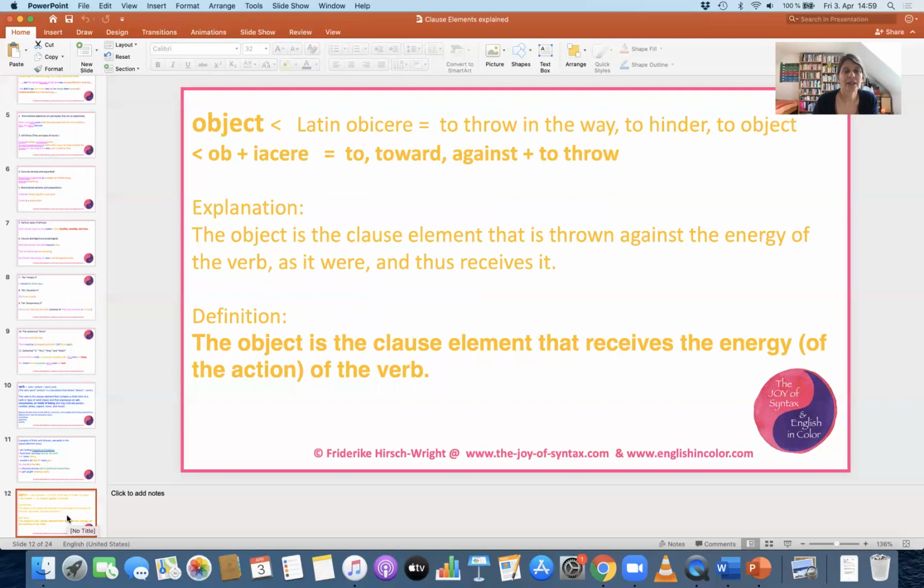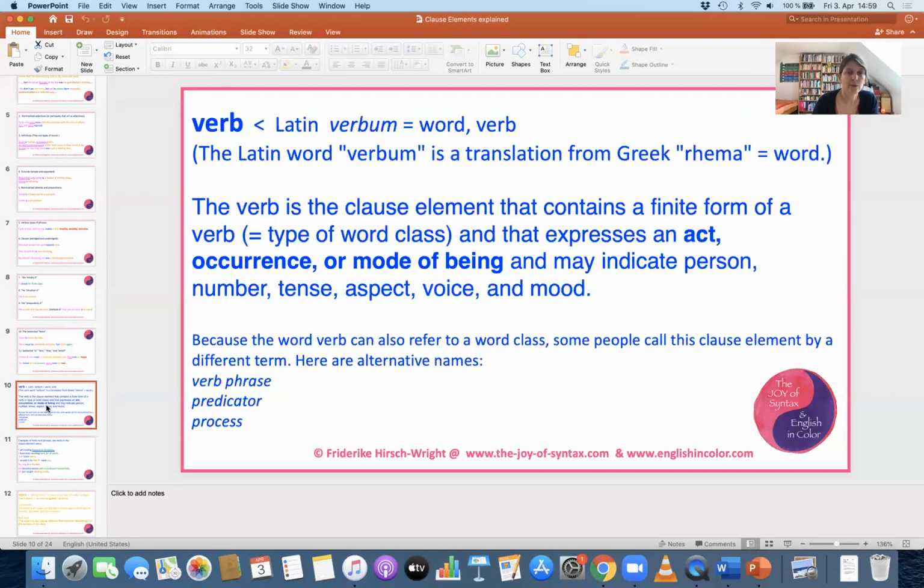Object. The object. Okay, I didn't talk about where the verb comes from. So I explained that actually when I explained word classes. Verb comes from the Latin word verbum, and verbum means word and verb. And that word itself was a translation from a Greek word, rhema, which means word.